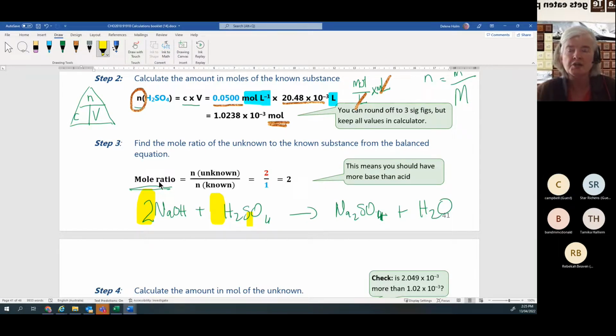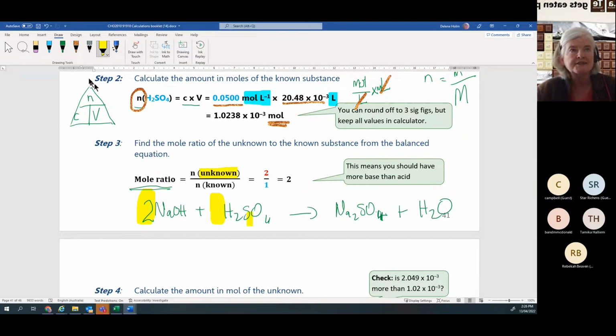So when I do my mole ratio, there are different ways of approaching it. Some students just like plugging it into a formula, and so they don't necessarily want to understand what's going on. They just want to put it into a formula and get the right answer at the end. Others want to know what's going on. So here, just to do the straightforward formula, if you use a mole ratio and you always put the unknown substance number at the top with the known one at the bottom, you'll come up always with the right mole ratio number.